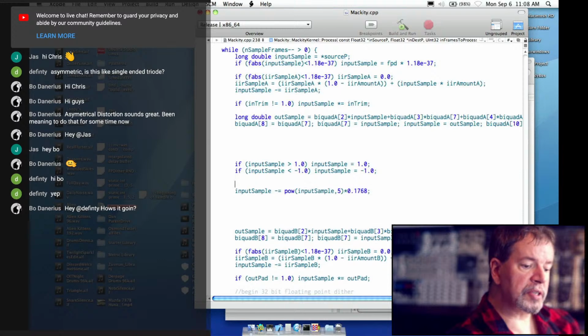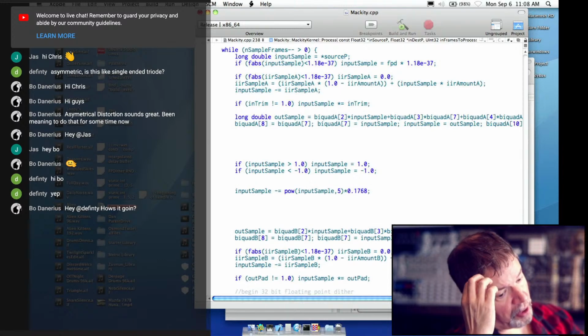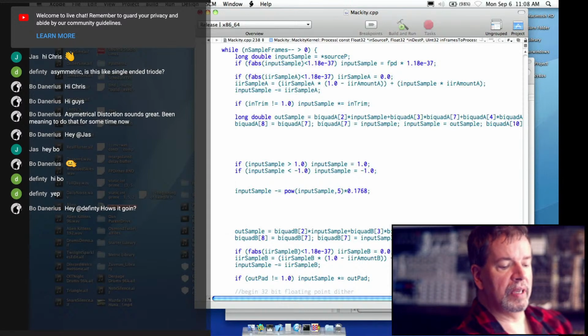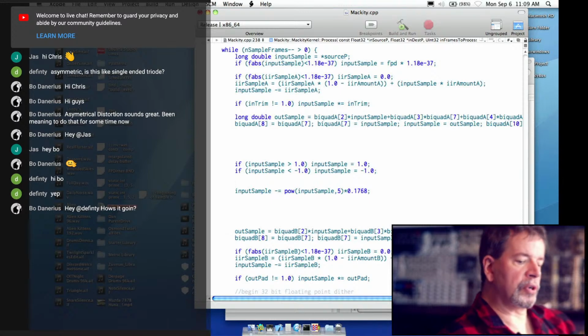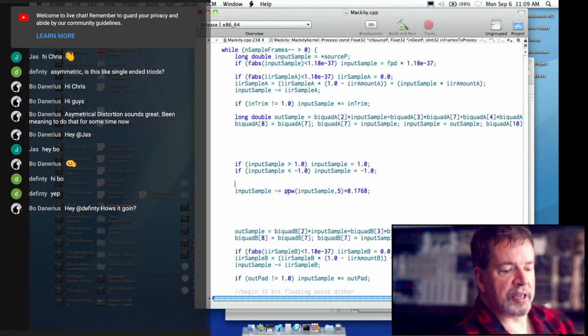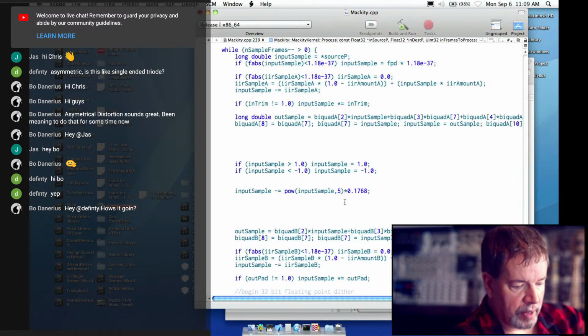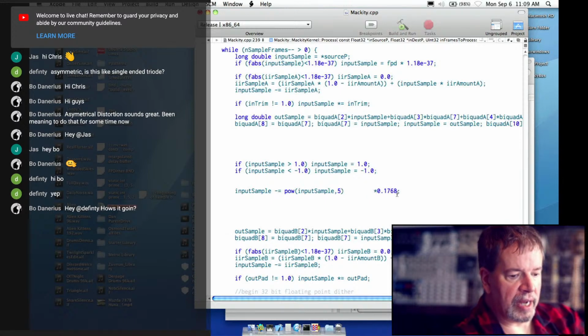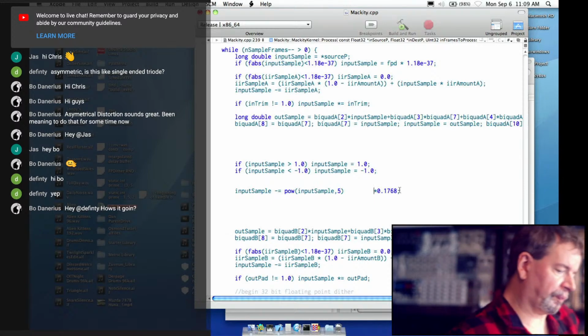And how this works is we are hard clipping the maximum range to +1 or -1. Then we're doing input sample minus a factor here. Let's step that out, and then scaling it back.